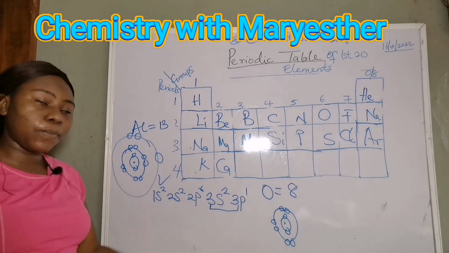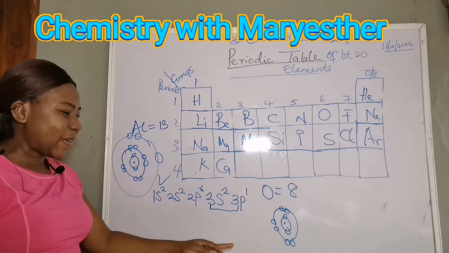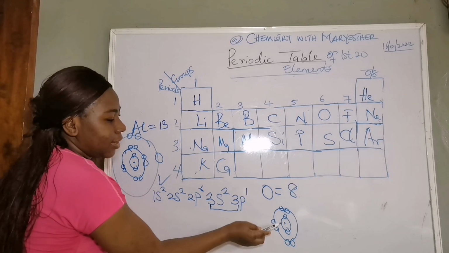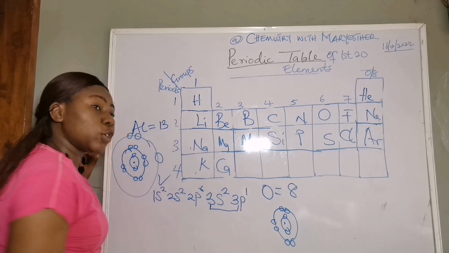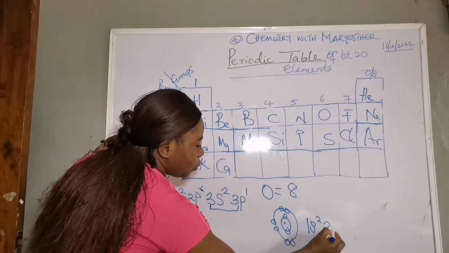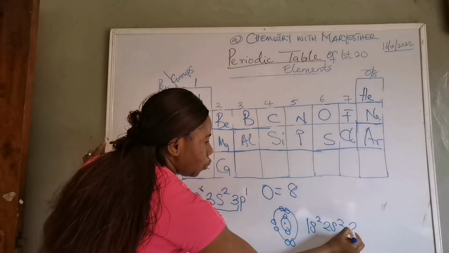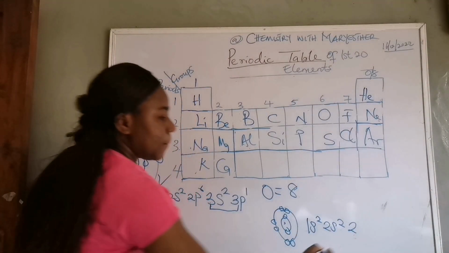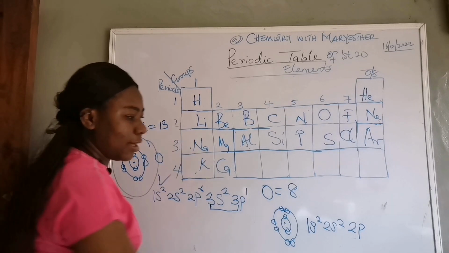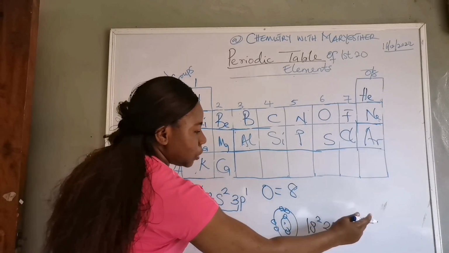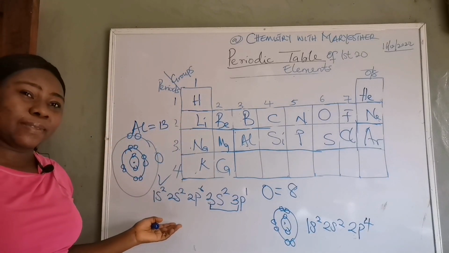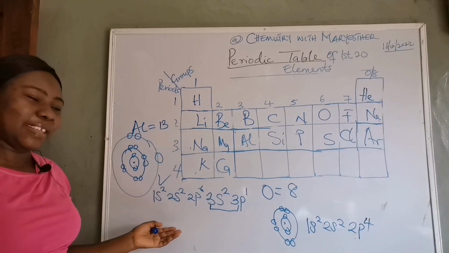Right? It's very simple. Now, it is 8. Okay, let us use the SPDF configuration. 1s2, 2s2, 2p, 2 plus 2, 4, 4 plus, okay, 2p4. Very simple. Very, very simple.